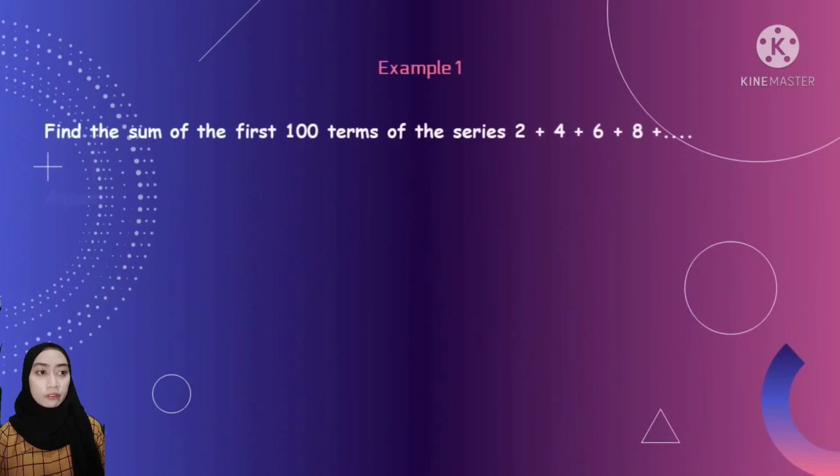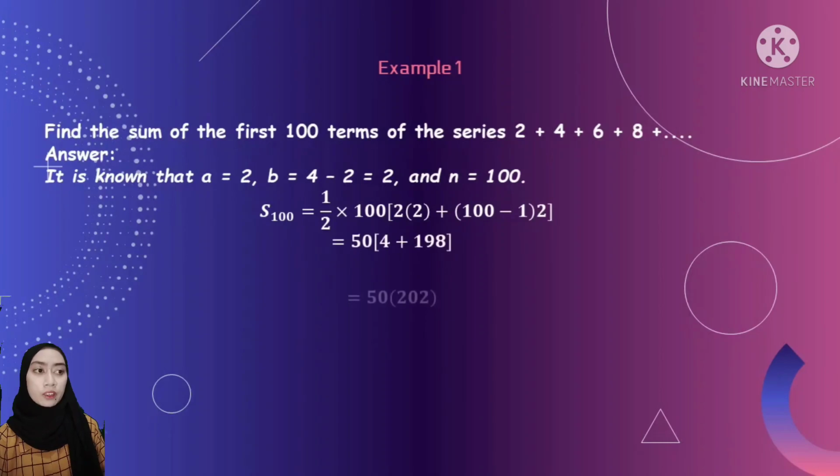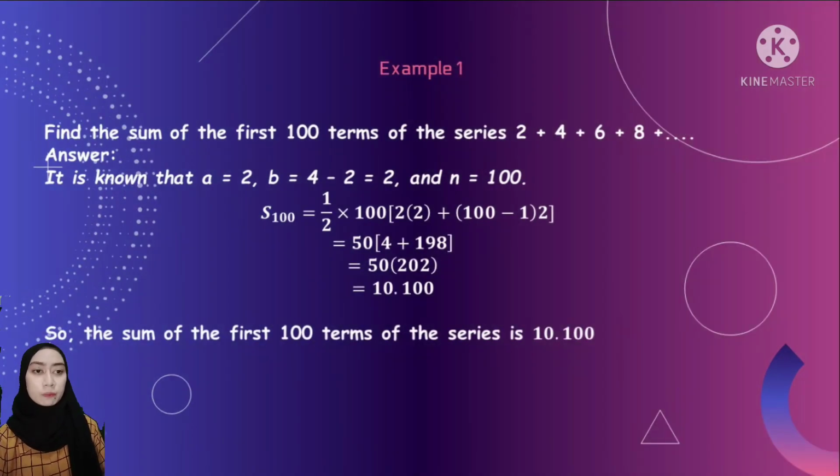Example 1. Find the sum of the first 100 terms of the series 2 plus 4 plus 6 plus 8. Answer. It is known that a equals 2, b equals 4 minus 2 equals 2, and n equals 100.